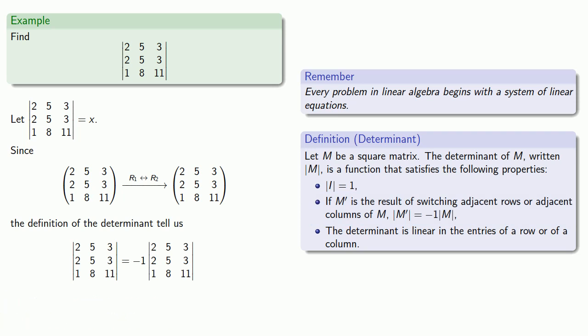And so that gives us our linear equation, x equals minus x. And we'll solve. And we find that x is equal to 0. And so the determinant of this matrix, where the first 2 rows are the same, is going to be 0.